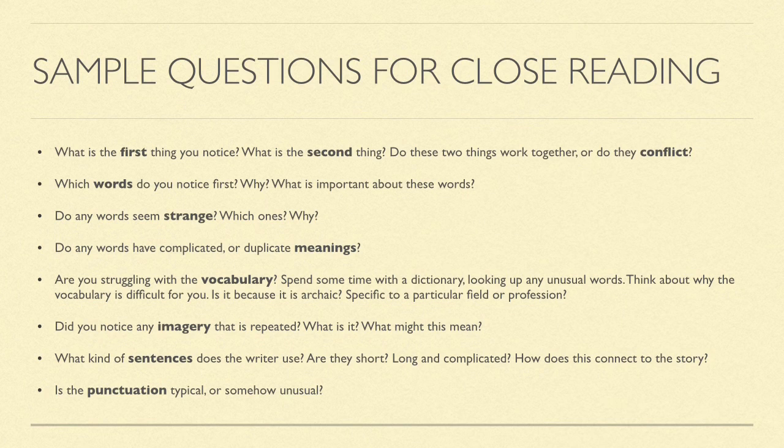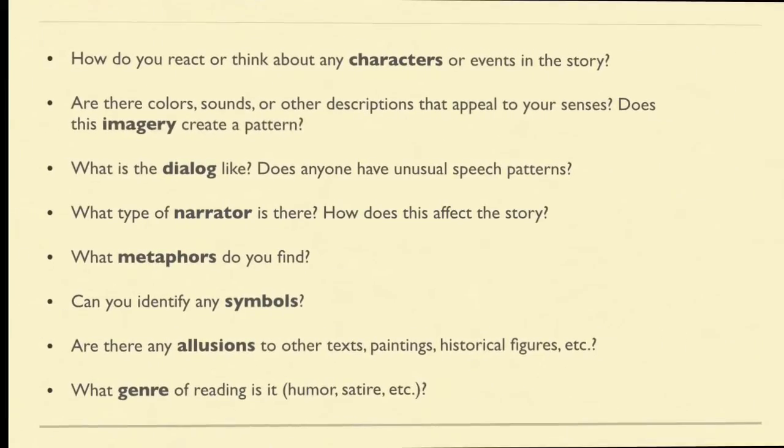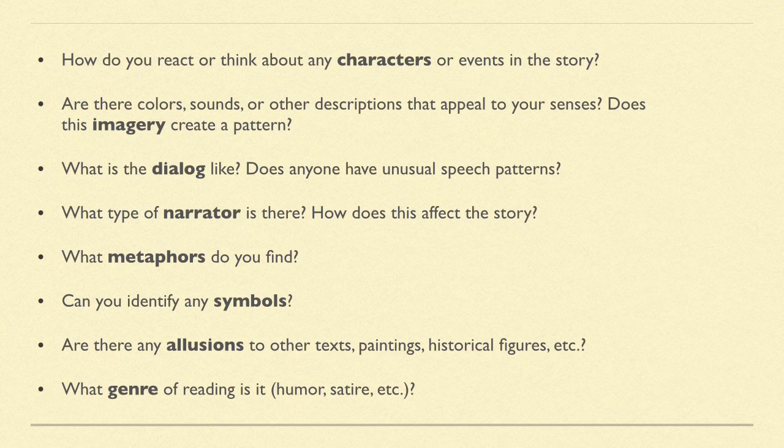What is the imagery that has been used by the author? What kind of sentences are being written down, and especially the punctuation? What unusual thing do you find? What is different? Those little things you have to observe.